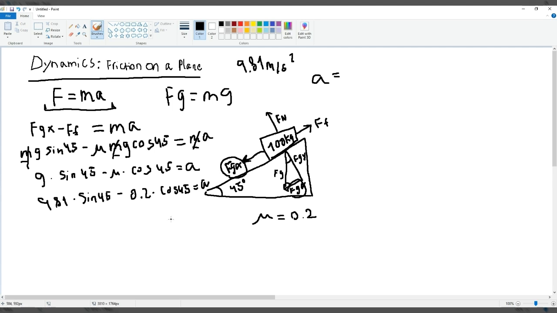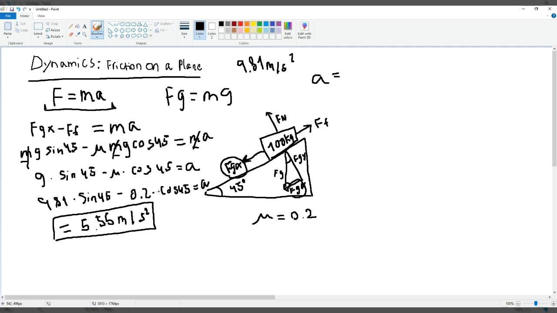So now we just use our calculator and calculate it. And once we calculate everything, we get that the answer is approximately 5.55 meters per second squared downwards down the slope. So the block accelerates at 5.5 meters per second squared down the slope.